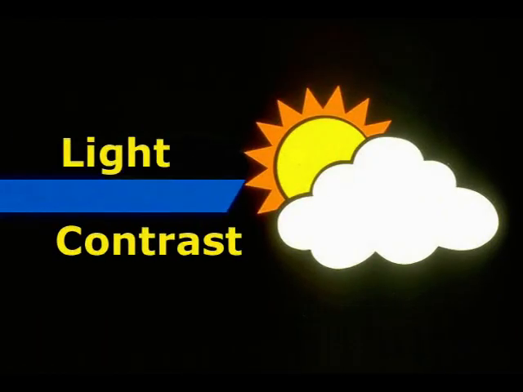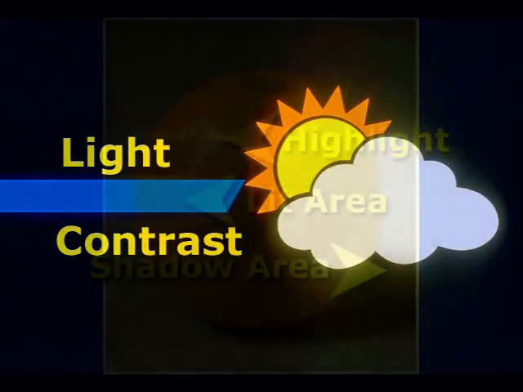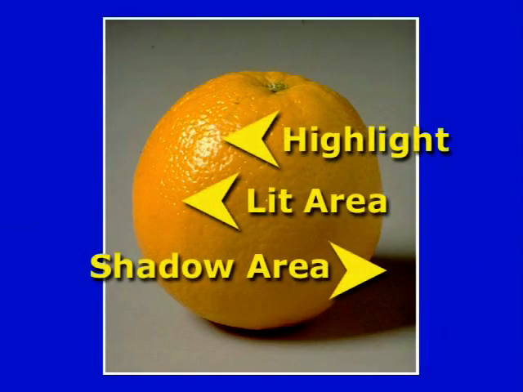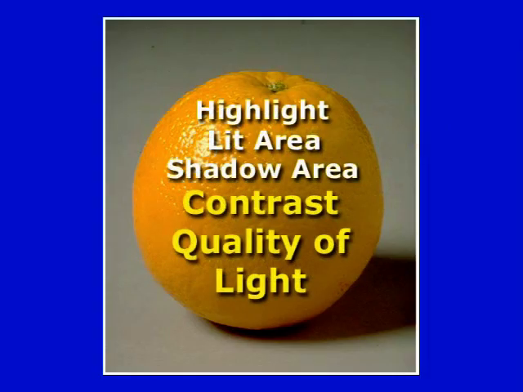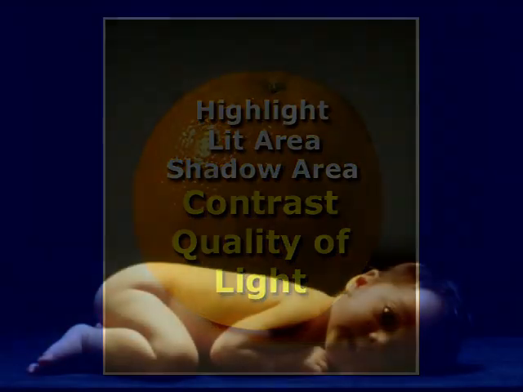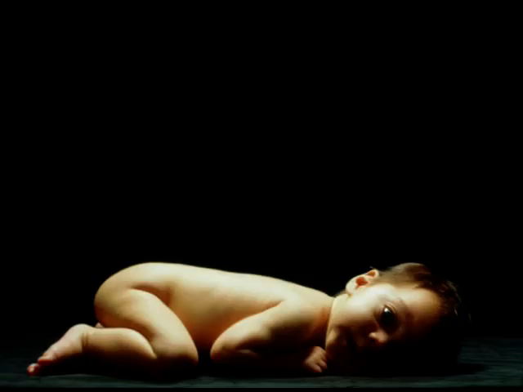We have seen that when directional light falls on a subject, it defines areas of highlight, light, and shadow. In other words, it creates a relationship between light and dark, and it's that relationship that forms the contrast quality of the light. We can do powerful things with contrast in photography.